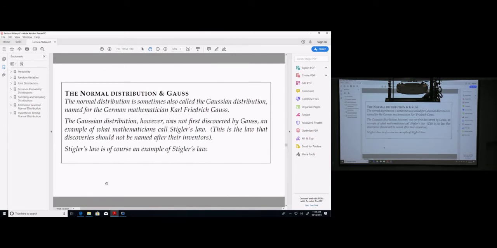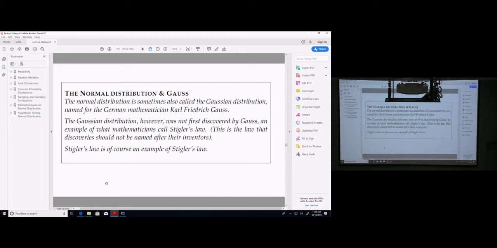Okay, the normal distribution and Gauss. Gauss is a mathematical prodigy. All right, I think you must have heard a lot about him. He made a lot of contributions, not just in this case, but mostly in number theory as well as some other areas. He came up with this because he was looking at the errors of astronomers measuring the positions of stars.